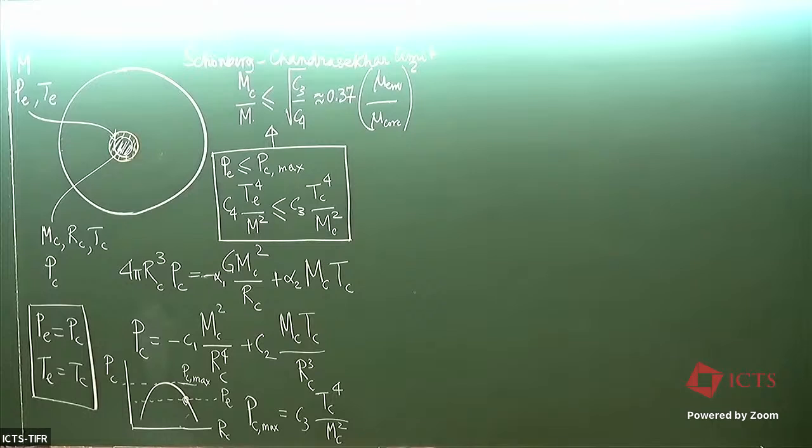So as more ash gets added to the core, the core mass is going to increase. And once you get to this mass limit of about 1.1, 1.2 solar mass, what's going to happen? You're going to get a collapse, basically, right?